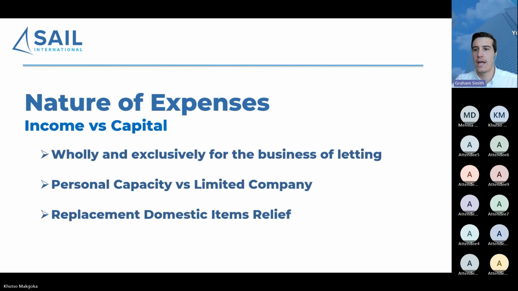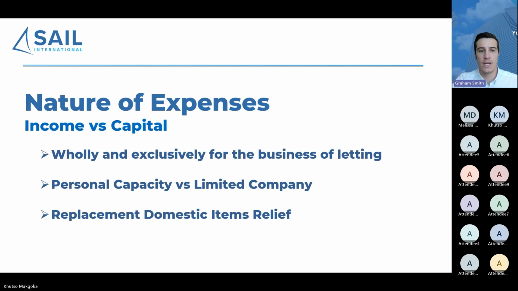Next, it's important to look at the nature of your expenses, whether it's income or capital. A lot of these expenses and the details behind them will be discussed later by Kutso, especially on the capital side and your allowances, but it's always important to consider whether it's an income expense or a capital expense. Your expenses should always be wholly and exclusively for the business of letting.